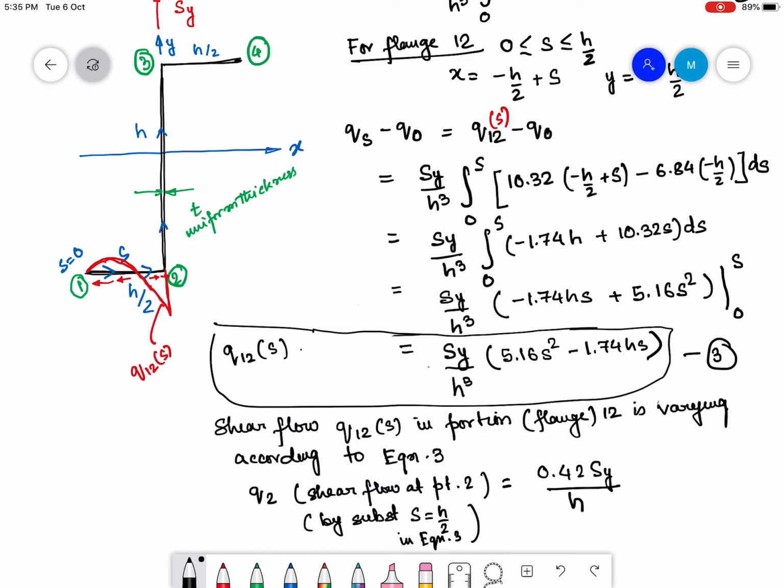So this is the value of q2, which is 0.42 sy by h. So we have been able to find the shear flow distribution in portion 1 2. The next job is to find the shear flow in portion 2 3. Let me erase this off.